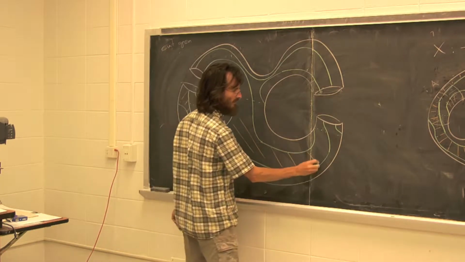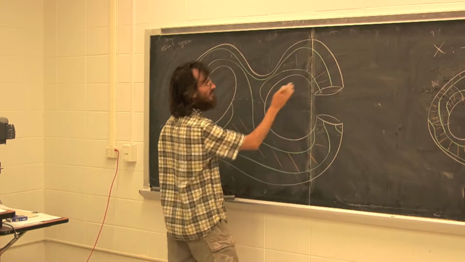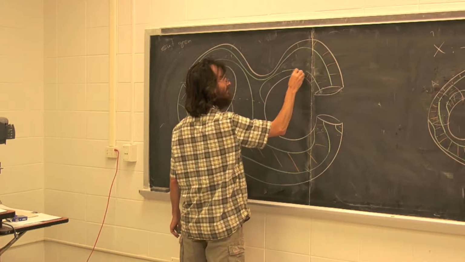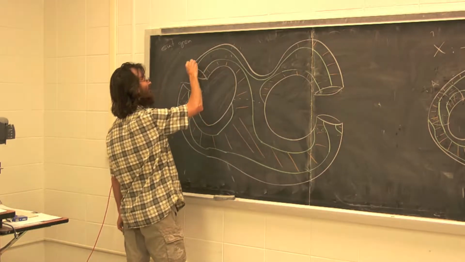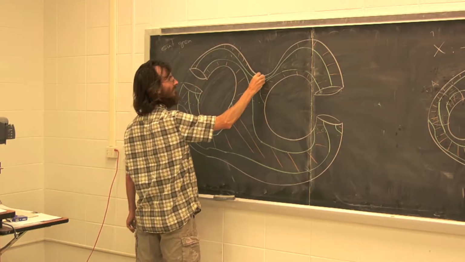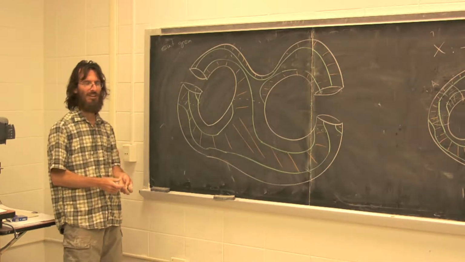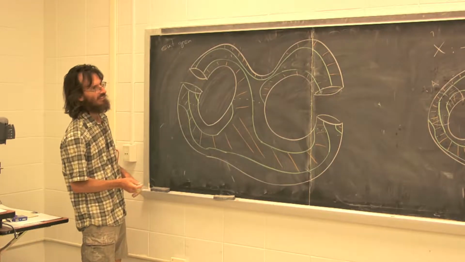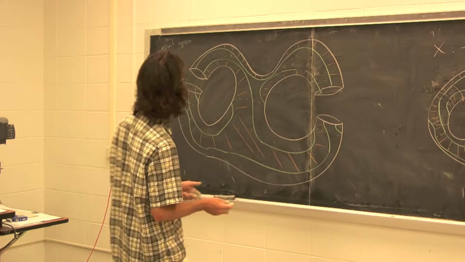We've already constructed a product structure on those thickened up discs, and now the question is, can we extend that product structure to this solid ball?